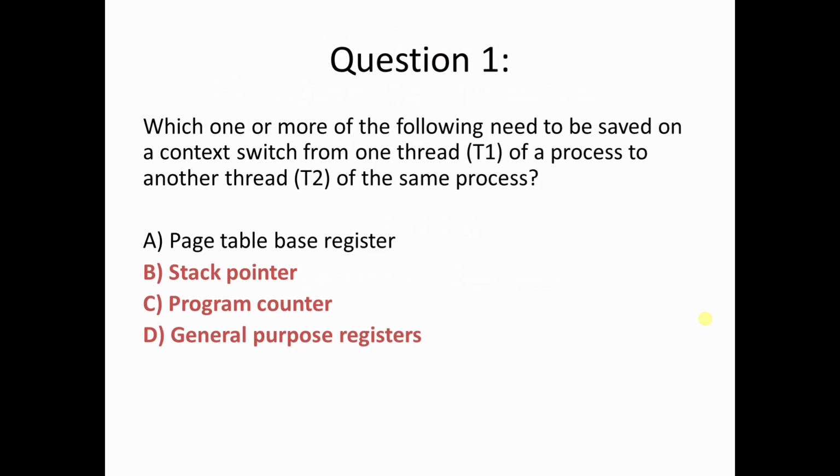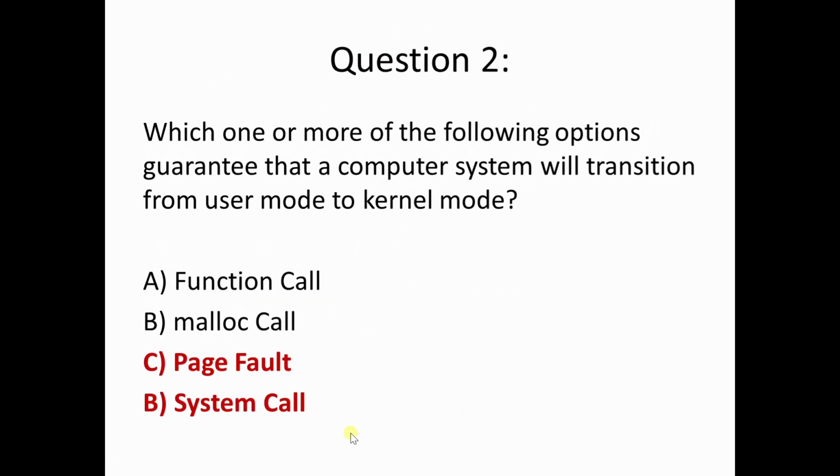So when one thread of a process switches to another thread, it has to save the stack pointer, program counter and general purpose registers so that it can execute the complete process in a correct manner. Okay, so the answers are B, C and D.